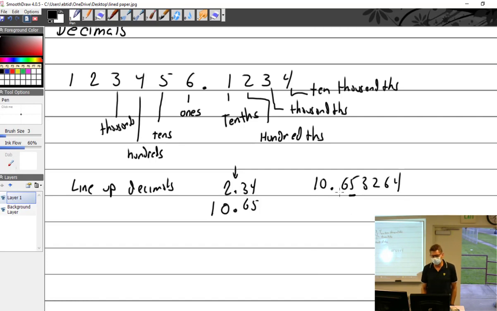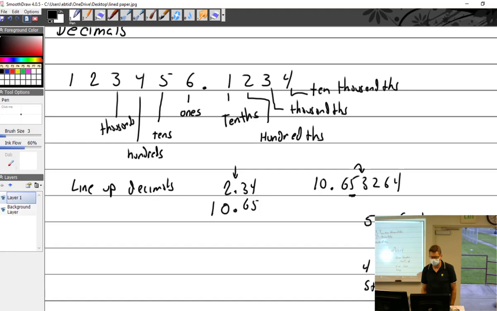And when rounding off, you always look at the number next to it, and if it is a 5 or greater, you round up. If it is a 4 or less, the number I'm rounding stays the same.